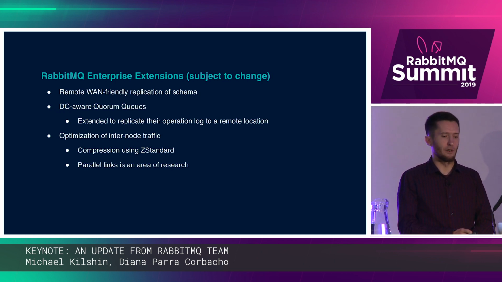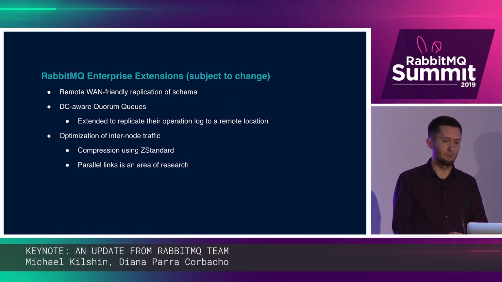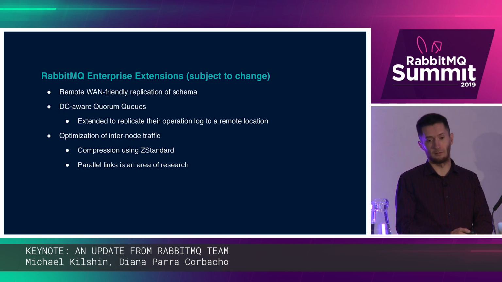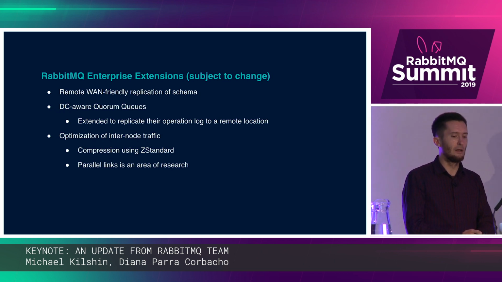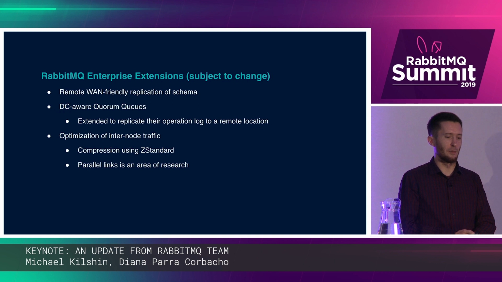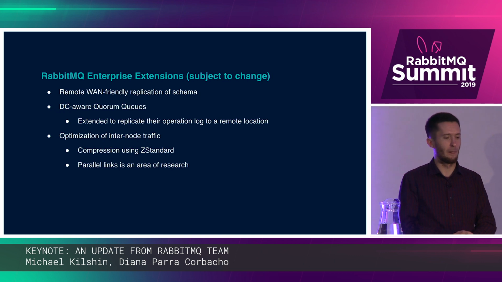And we have some features that optimize internal traffic. For example, using Zstandard, which is a compression algorithm developed originally by Facebook. It's a really good algorithm. When we first implemented it, we had to bump how much data we use for testing because the thing just wouldn't register on the charts. It's unbelievably good.